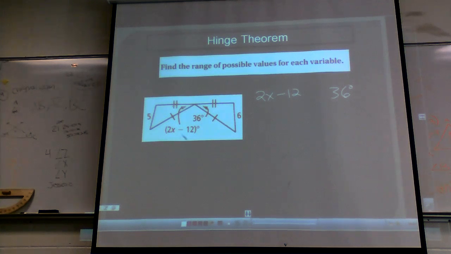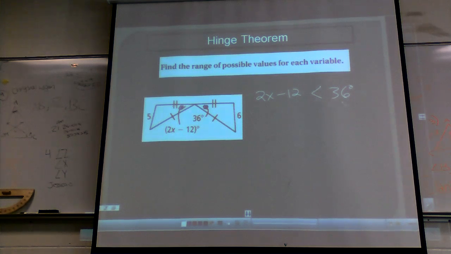Out of the 2x minus 12 right here and this 36 right here, which one is directly opposite the larger number? 36. So I know that 36 has to be the larger value. Whenever the question is asking for a range of possible values, they're saying set up an inequality. Not an equality, not something with an equal sign.